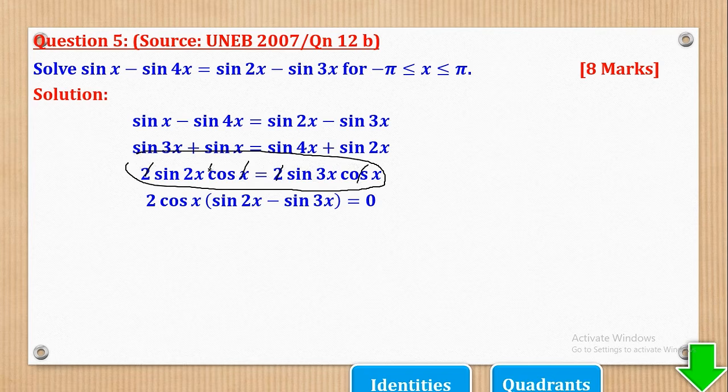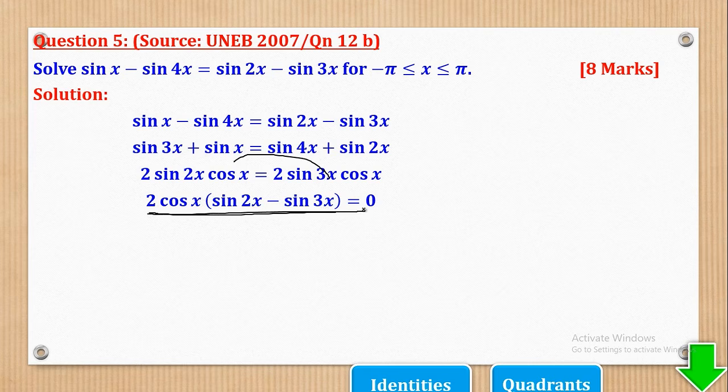Once you cancel this trig ratio, it implies that you are going to ignore some of the angles which are required. So we don't cancel. What we do, we take all the functions on one side and we factorize. So we have to take this one this side, and then we factorize out cos x and factorize out 2 cos x to come up with that line.